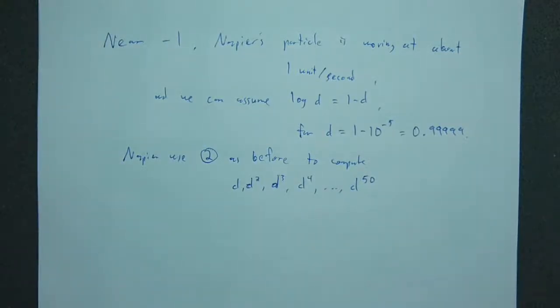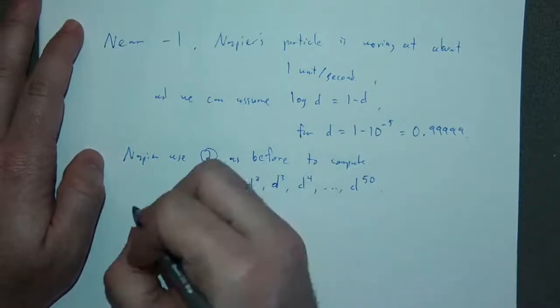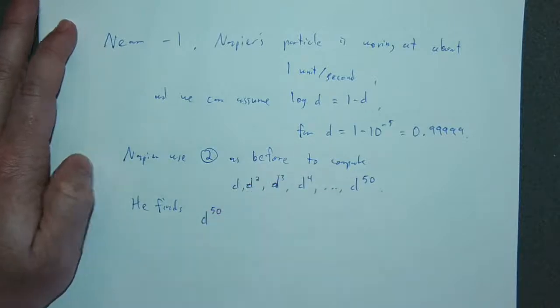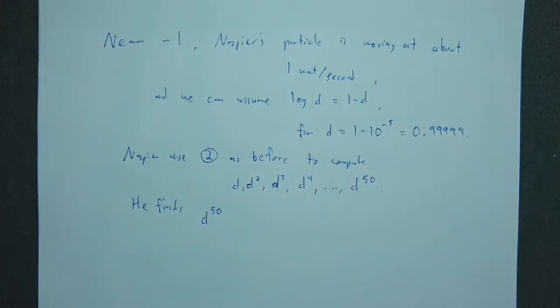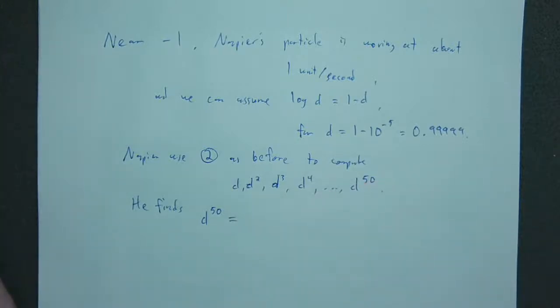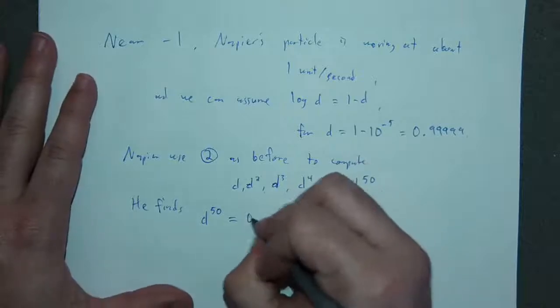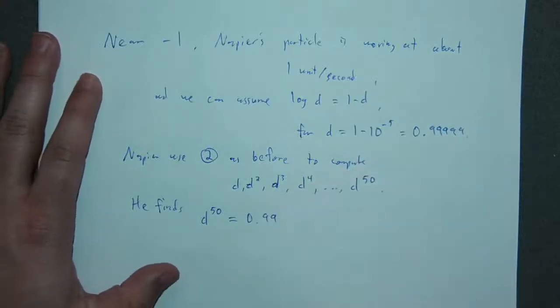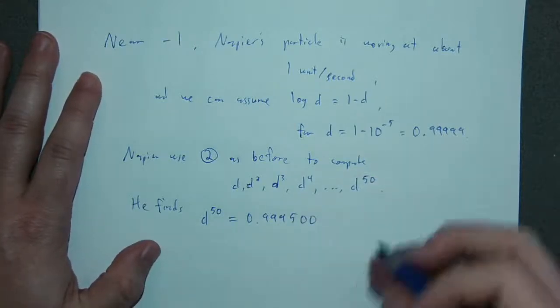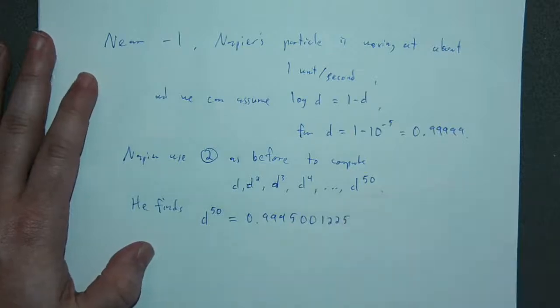Computing d to the 50 using this same process wasn't that hard, but it took some elbow grease and tedious computations. But again, he had 20 years to do this, so plenty of time. He finds that d to the 50 is 0.999500 and then some other stuff, 1225.